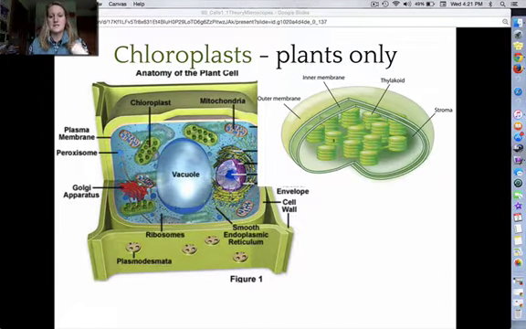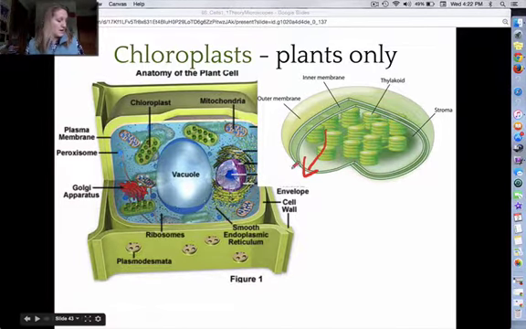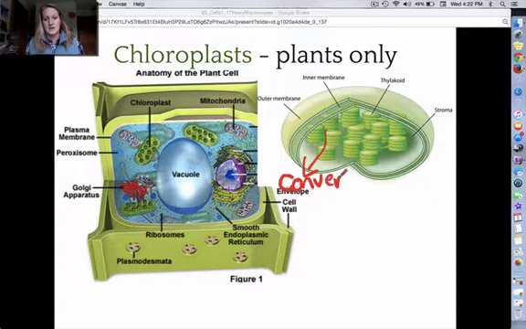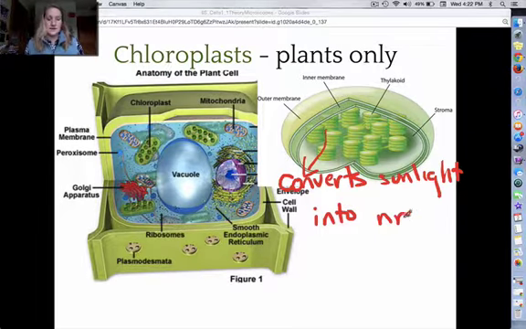But actually, let's not get into that. The color is purposeful, and it is the interaction with the sunlight. Okay, the chloroplast converts sunlight into energy the cell can use.